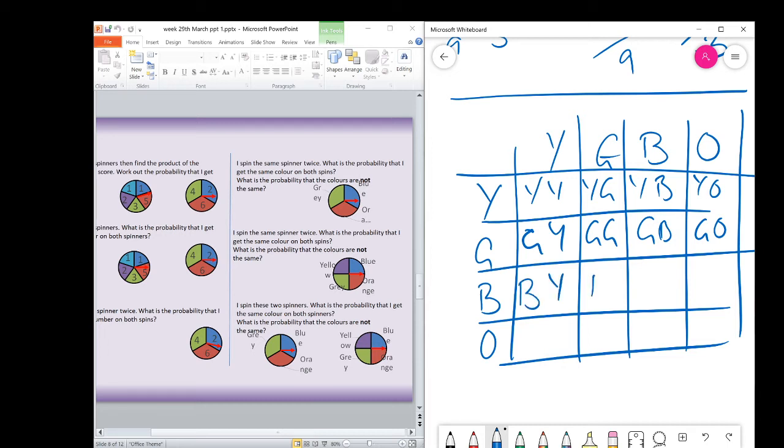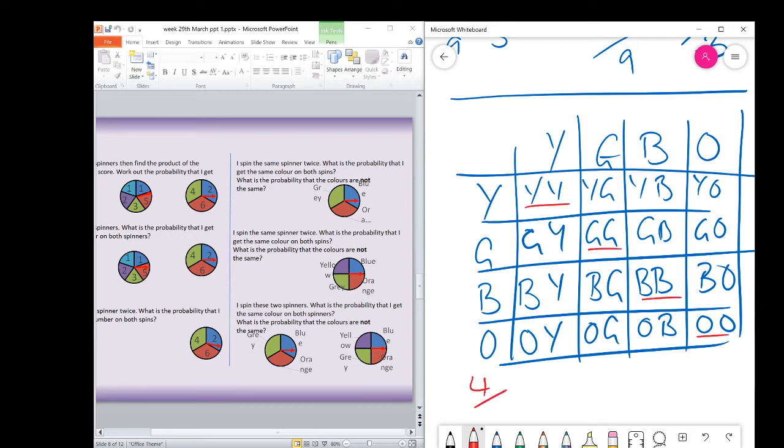Blue, yellow, blue, green, blue, blue, blue, orange. Orange, yellow, orange, green, orange, blue, orange, orange. So I want the probability that they get the same colour. So that's 1, 2, 3, 4. So that's 4 out of 16, which is the same as a quarter.